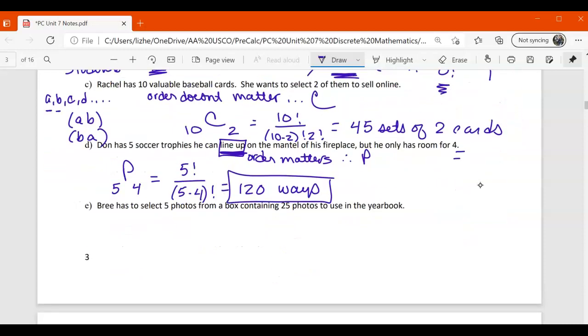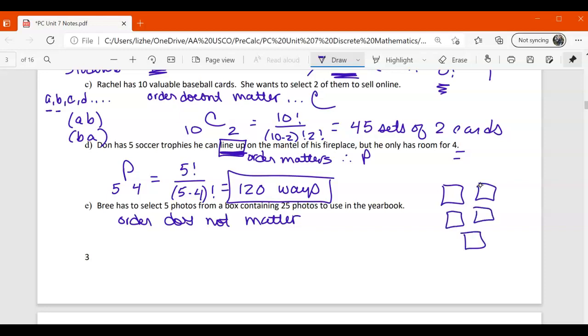E. Bree has to select 5 photos from a box containing 25 photos to use in the yearbook. So again, some pictures are going to be better than other pictures, but that's not the question. The question is, does the order of the 5 pictures sitting on her desk that she is going to collect matter? And no, that order does not matter. If I have my 5 favorite pictures, 1, 2, 3, 4, 5, I don't care which order they're in.